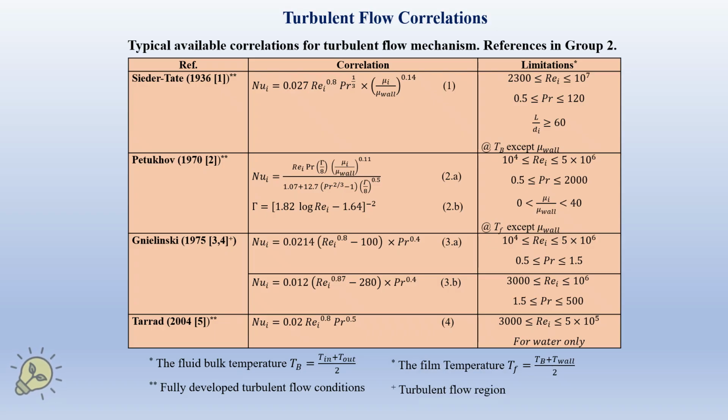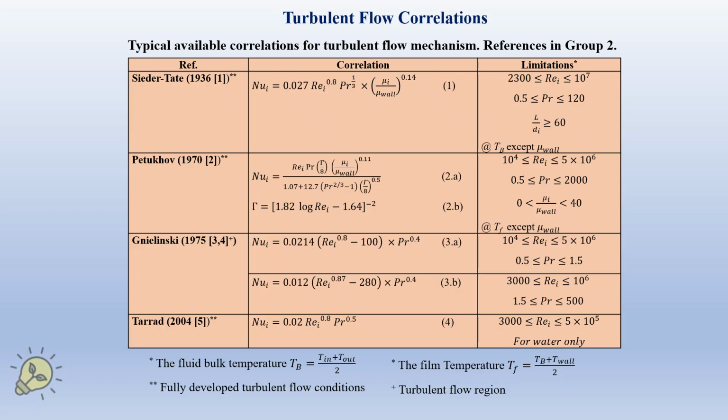All of these correlations are represented in a series of parameters used in these correlations, such as Reynolds number and Prandtl number. And every correlation has its own limitation. It depends on the Reynolds number and the Prandtl number.